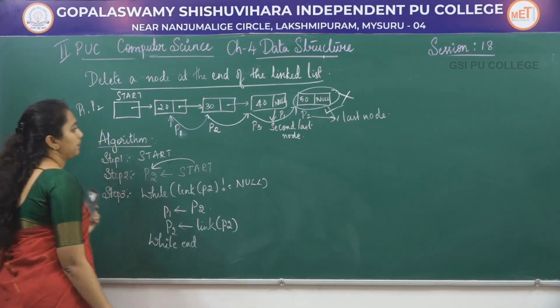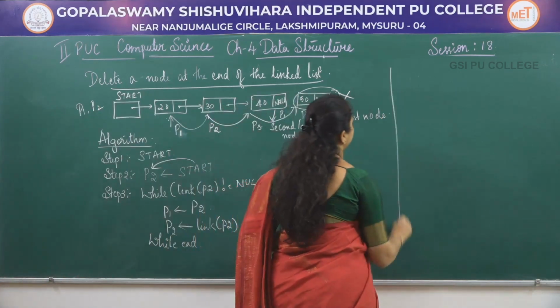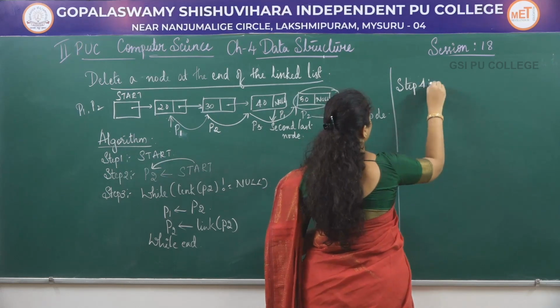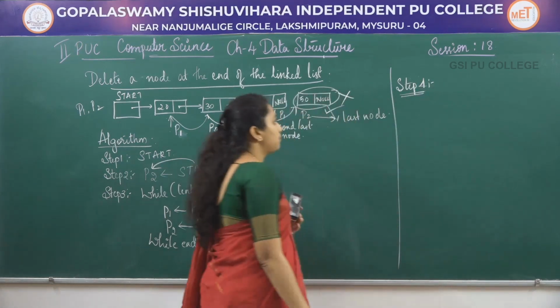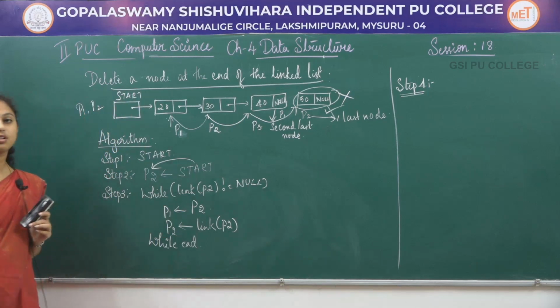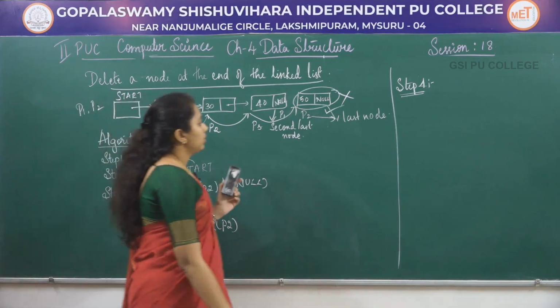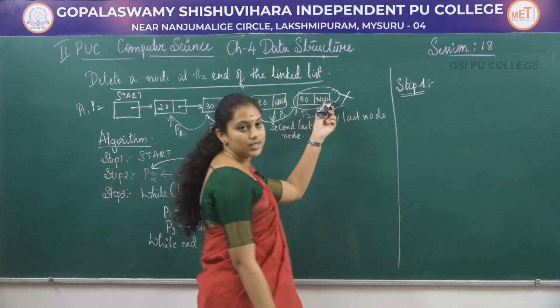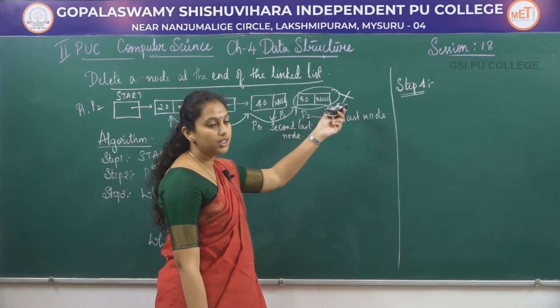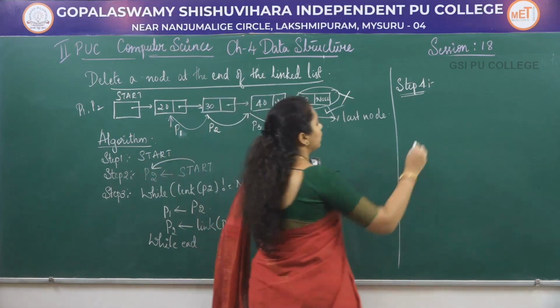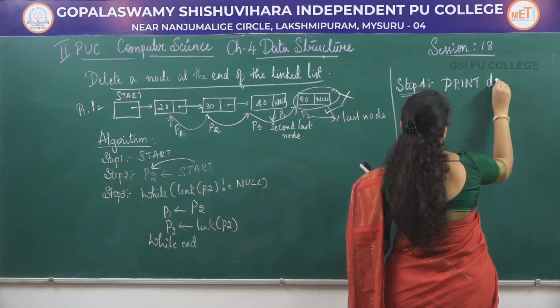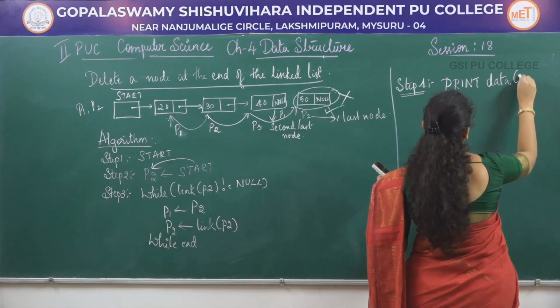While end. Step 4. Here we got null as a value in the link field of the node. So we are going to print the data of this node, data of P2.